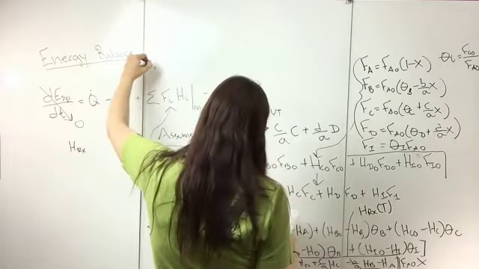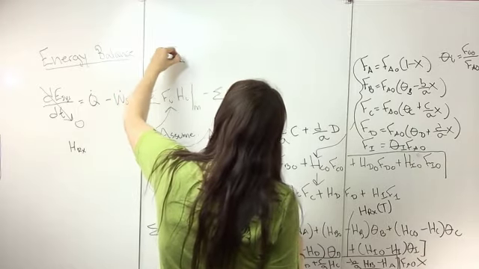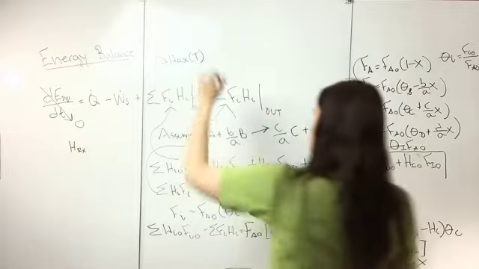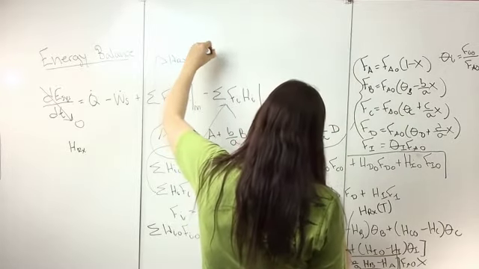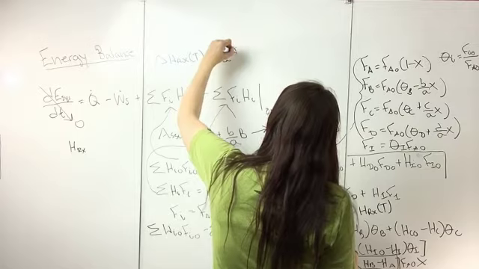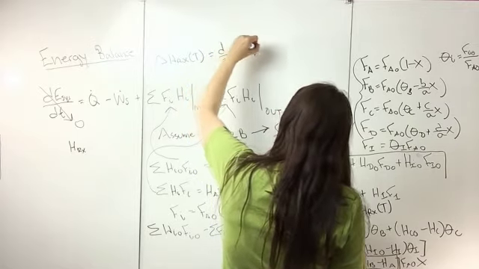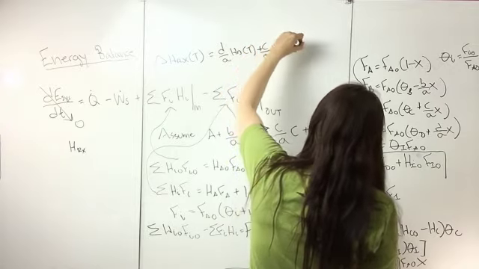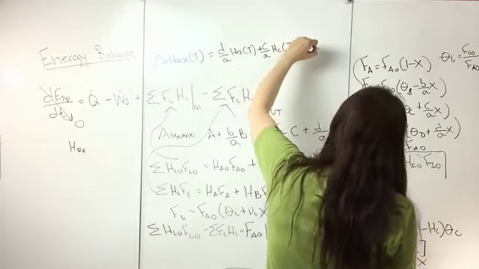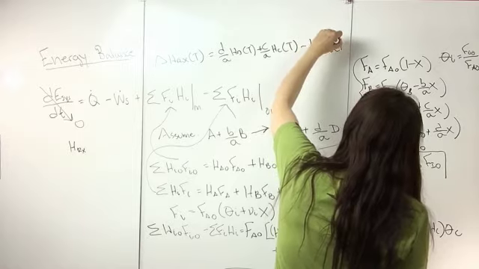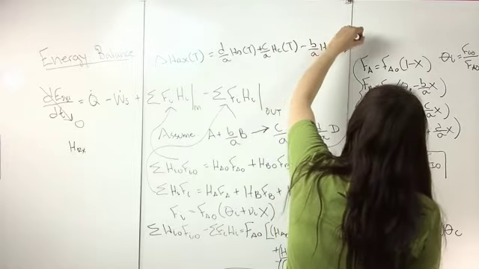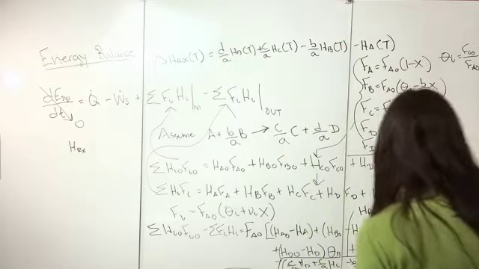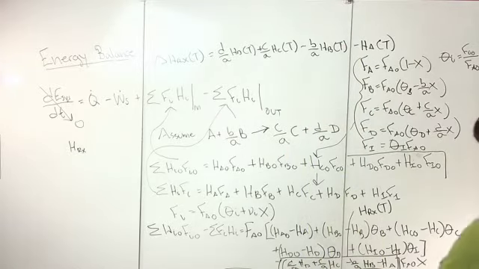So the heat of reaction, and this is the temperature at the outlet of the system, is equal to d over a H_D(T) plus c over a H_C(T) minus b over a H_B(T) minus H_A(T). And that's what we have down here.